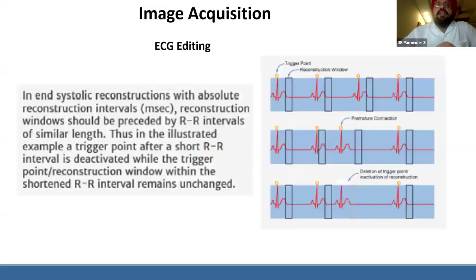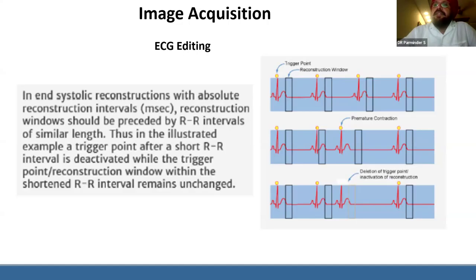If required, if there are artifacts, and if the ECG shows premature contractions or irregular RR intervals, these can be edited. We can exclude the data from the unwanted periods of time in the ECG or in the cardiac cycle.